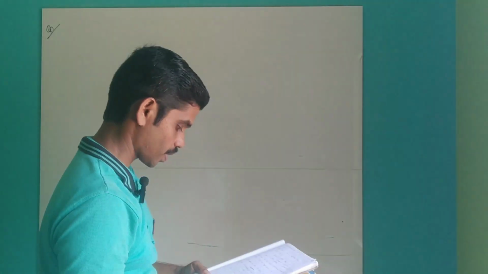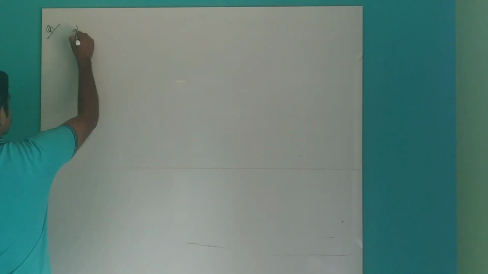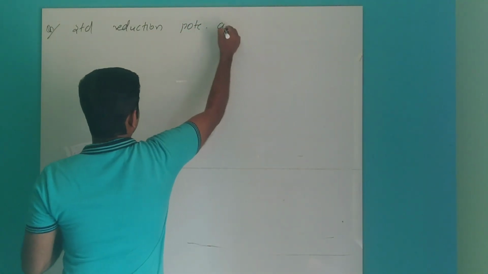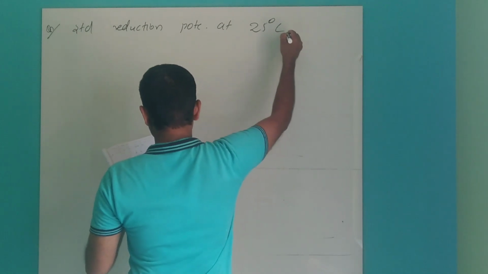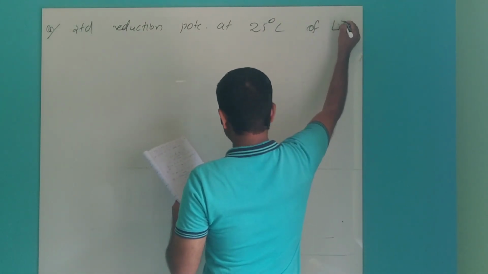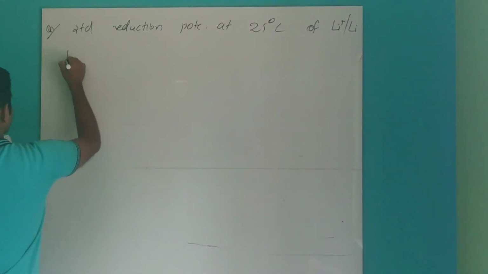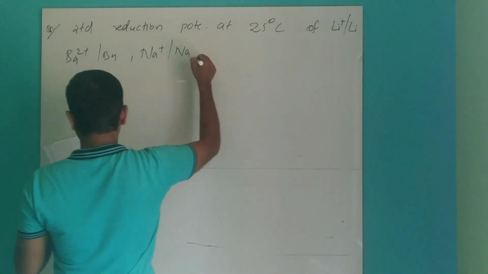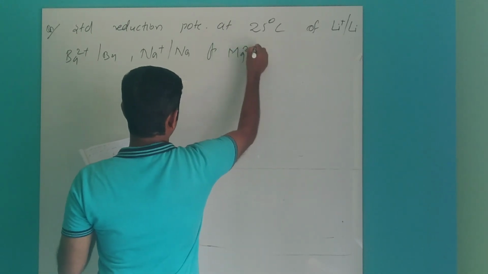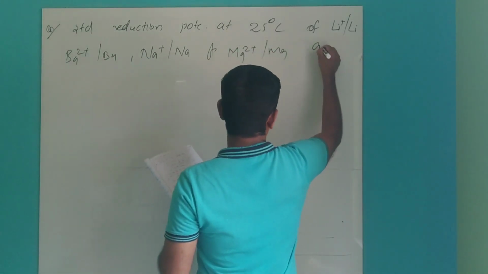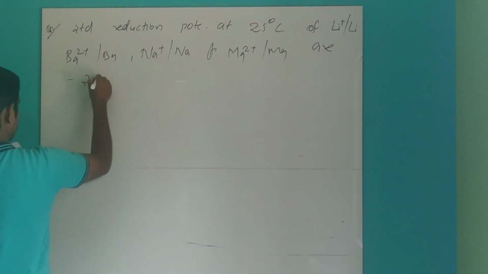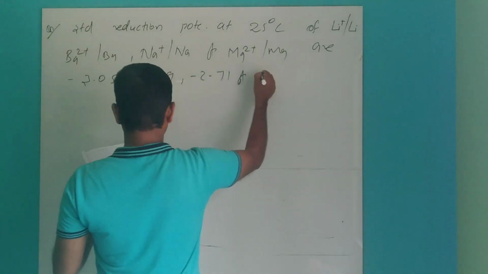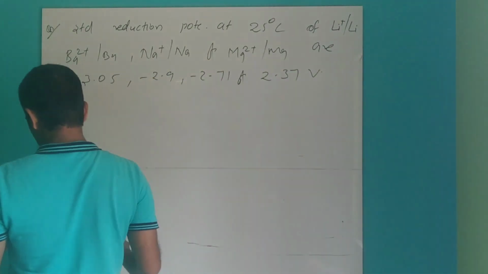Next question. The standard reduction potentials at 25 degrees Celsius of Li+|Li, Ba2+|Ba, Na+|Na, and Mg2+|Mg are minus 3.05, minus 2.9, minus 2.71, and minus 2.37 volt respectively.